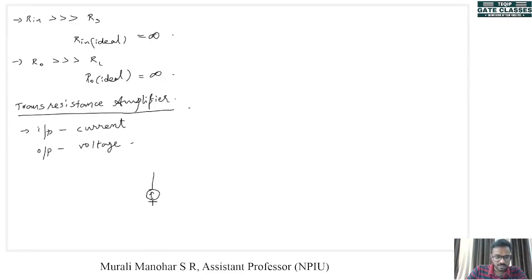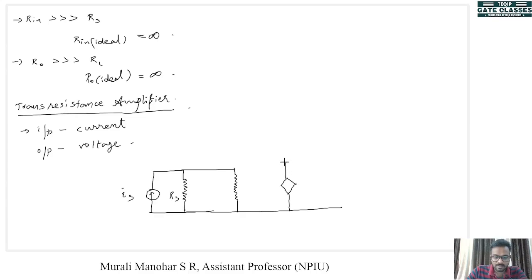There is a current source Is, a parallel resistance to the source which is Rs. Now a parallel resistance, the Rin of our amplifier, a current controlled voltage source, and the series resistance of that, and the output resistance, that is the load resistance. This is RL.